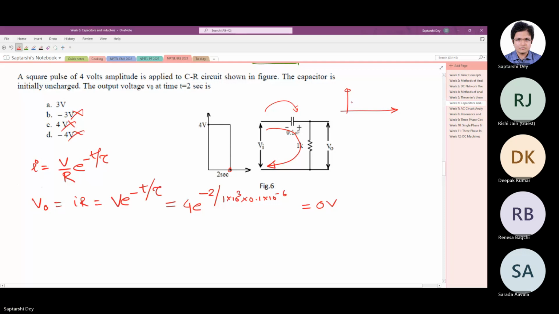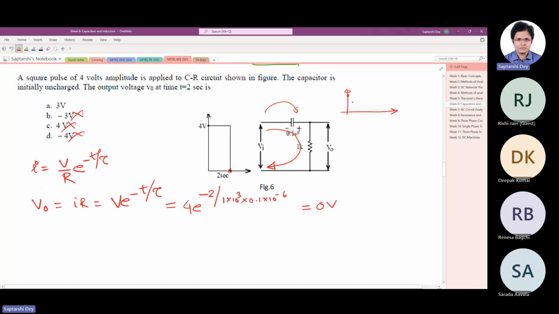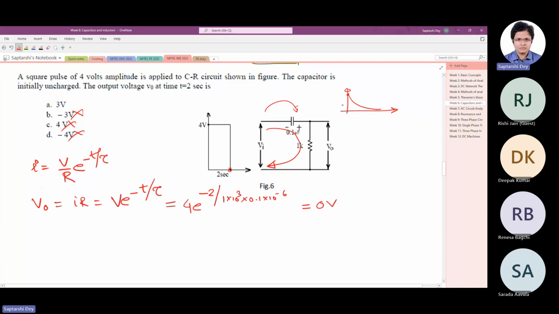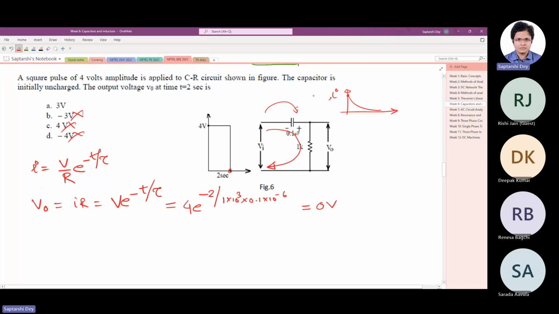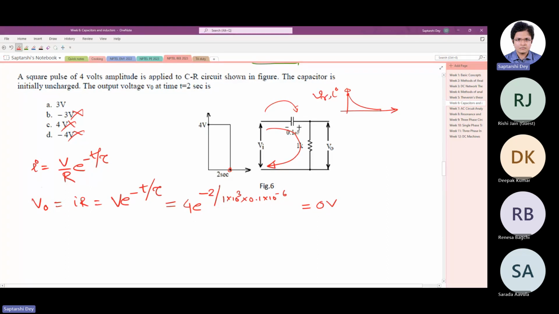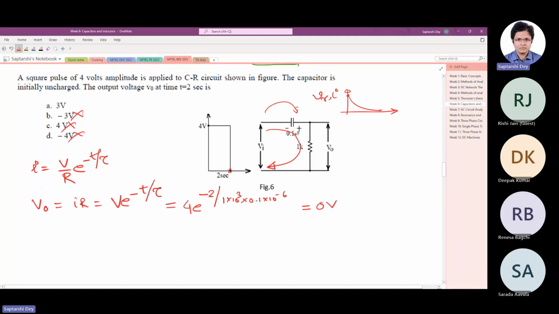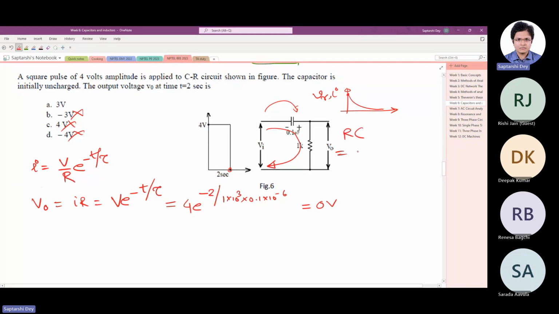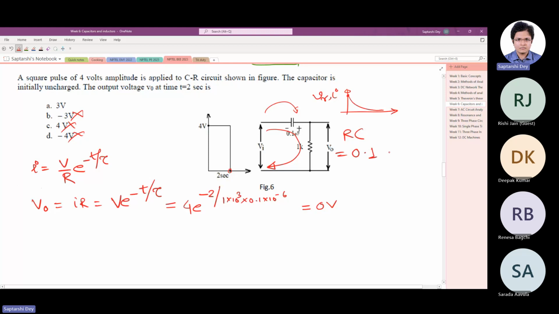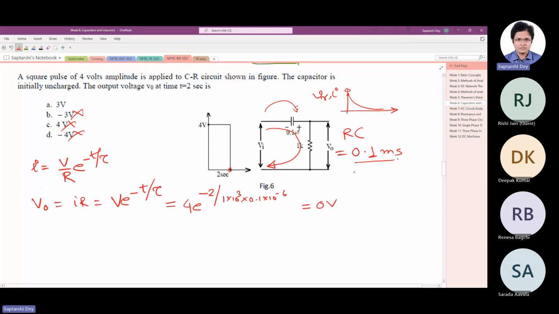And sorry, there is high current through the capacitor suddenly, and it reduces like this. Now if this is the circuit current, then the voltage across the resistance will also look like this, right? Now the question is, how much will be the value? Now if you look at RC comes out to be 0.1 millisecond.